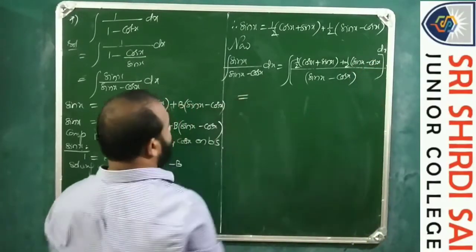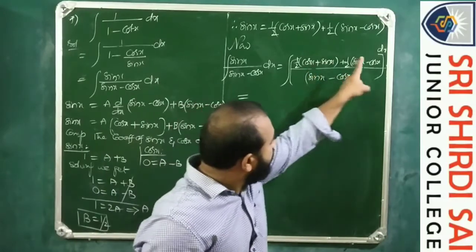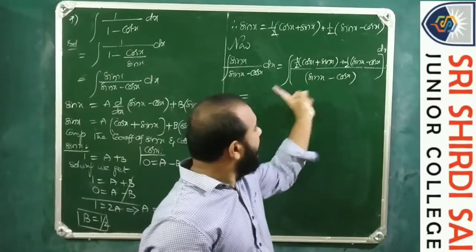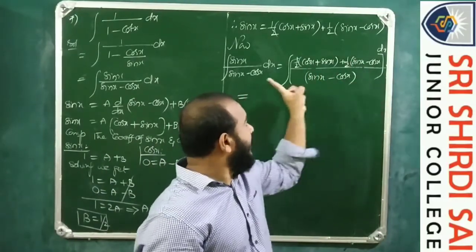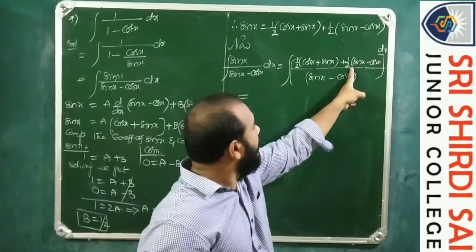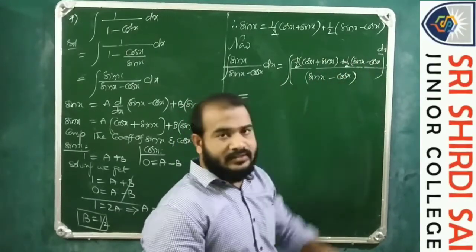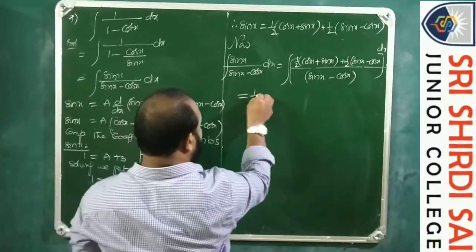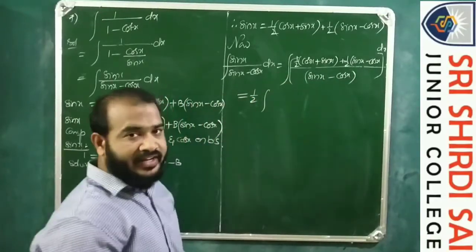So this is equal to (a plus b) by c, and the integral dx is the integral of a by c dx plus the integral of b by c dx. So 1 by 2, I am separating it from the process of integration.